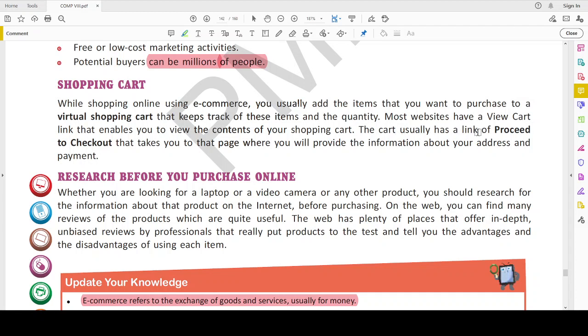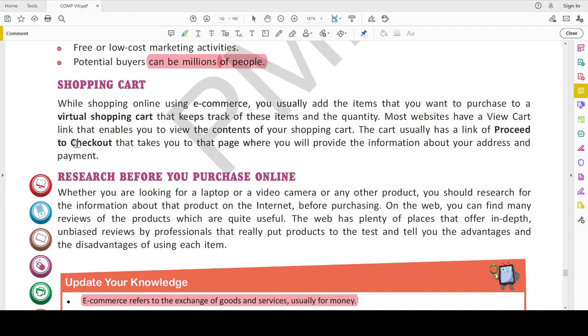The cart usually has a link of proceed to checkout that takes us to that page where we will provide the information about our address and payment. So whatever items we have purchased in whatever quantities are recorded in the shopping cart, and it has a link to the payment page of the site.